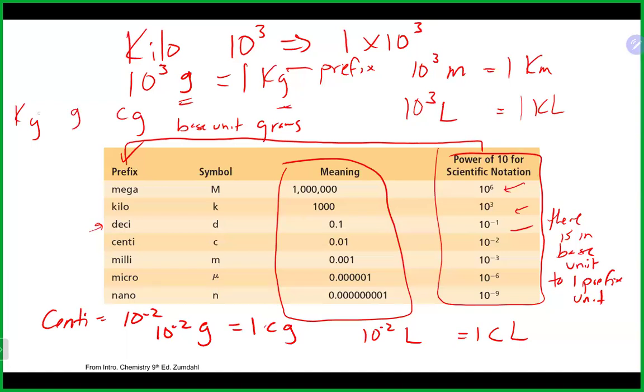And you can very easily figure out how to go from kilograms to grams using the kilo conversion. And then you could go from grams to centigrams using the centi conversion. So my recommendation is, if you're going from prefix to prefix, just go back to the base unit, because you could very easily find that conversion and go from the base unit to the next prefix unit, rather than trying to figure out how to go directly from one prefix to the next. Again, it usually doesn't turn out so well if you try to do that.